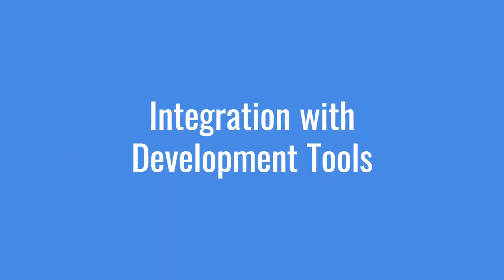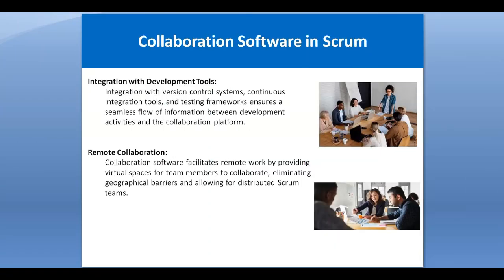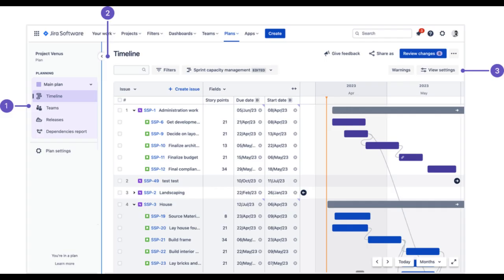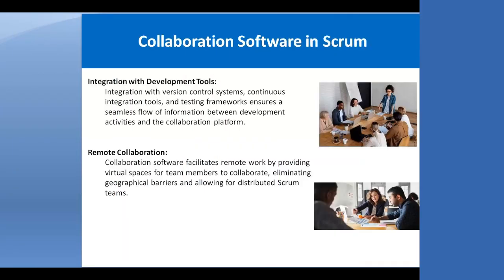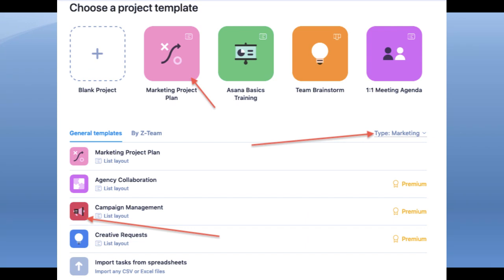Then integration with development tools as well. These tools are integrated with version control systems, continuous integration tools, and testing frameworks, ensuring a seamless flow of information between development activities and the collaboration platform. Then remote collaboration means collaboration software facilitates remote work by providing virtual spaces for team members to collaborate, eliminating geographical barriers and allowing for distributed Scrum teams.